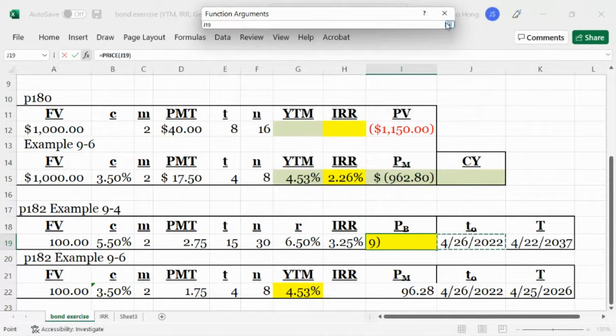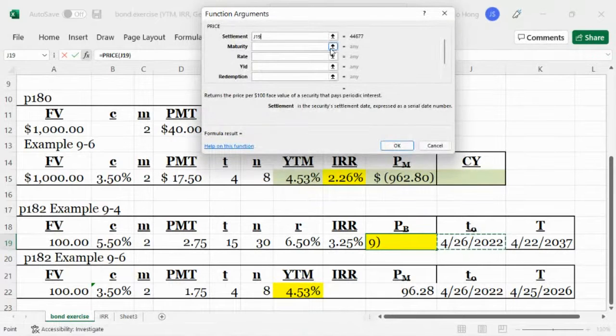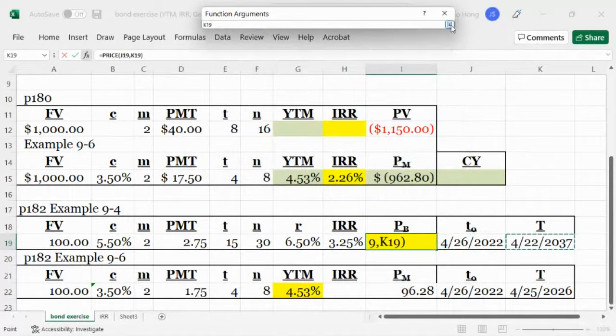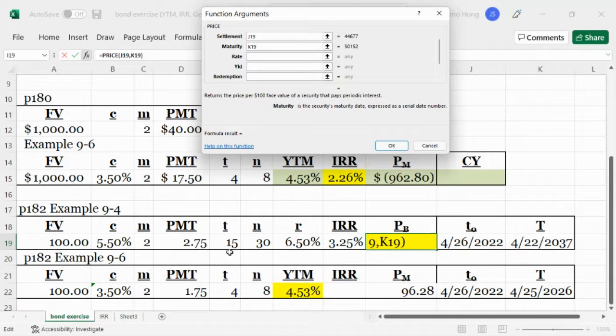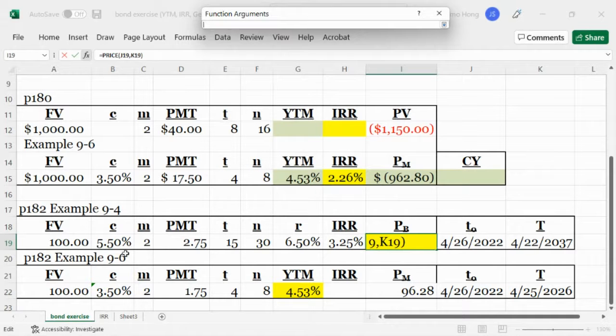Settlement. This is the settlement. Maturity. This is the maturity date. In this example, it has 15 years left, right? Coupon rate is 5.5. Discount rate, in other words, yield to maturity, is 6.5. So rate, as I told you, always means coupon rate.